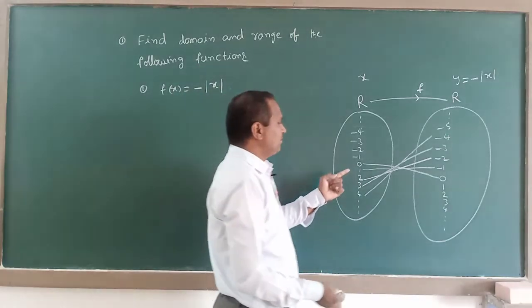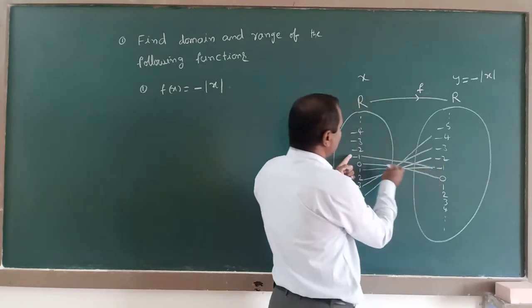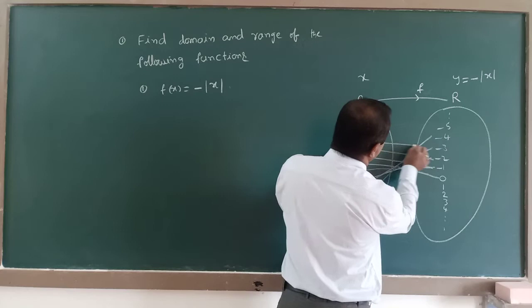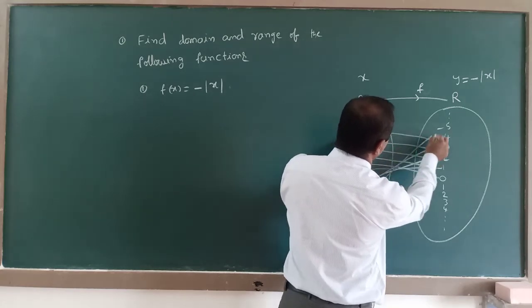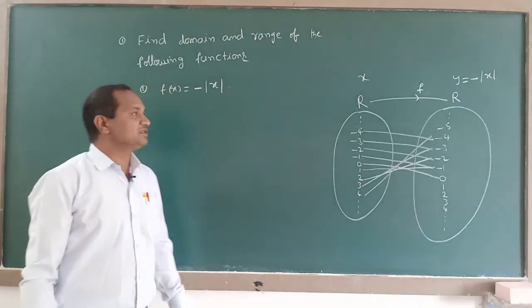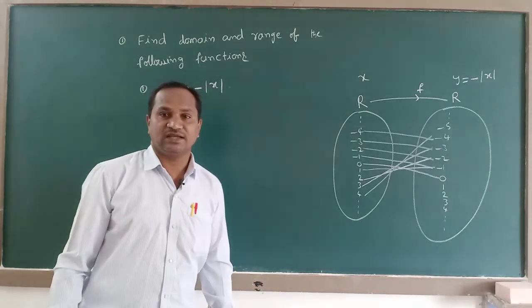That's why minus 1 is associated with the element minus 1 only. Even for minus 2, minus 2. For minus 3, minus 3. Minus 4 is minus 4. Like that the mapping is coming from this given function, that is f of x is equal to minus of modulus of x.